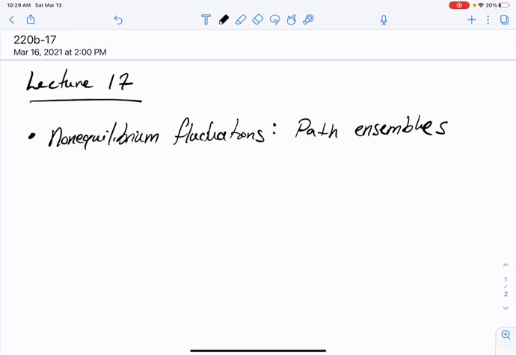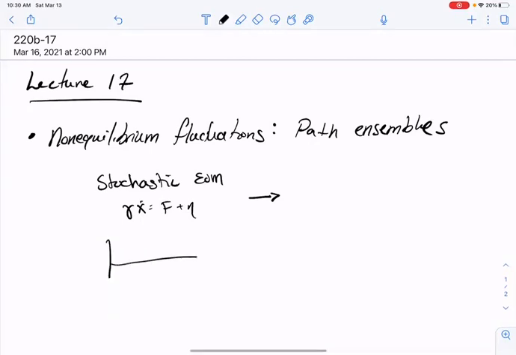Namely, we will take our stochastic equation of motion, like, for example, the overdamped Langevin equation, and ask not for what that individual trajectory or its average looks like, not an individual realization, nor what the distribution of points along that trajectory looks like, but rather what is the probability of seeing that individual trajectory.